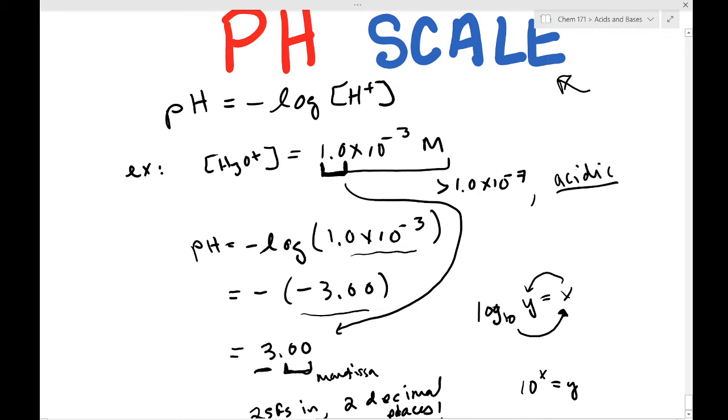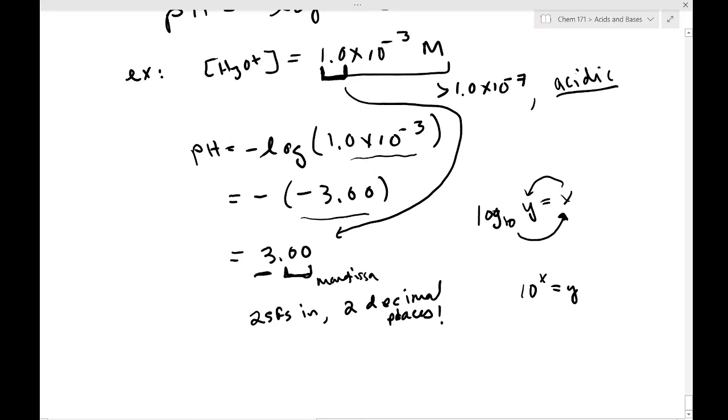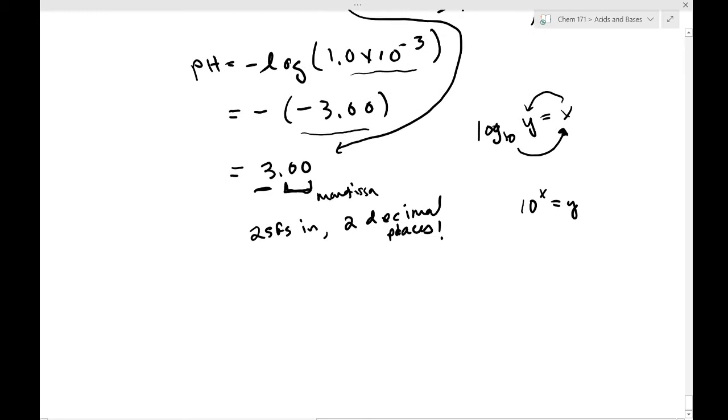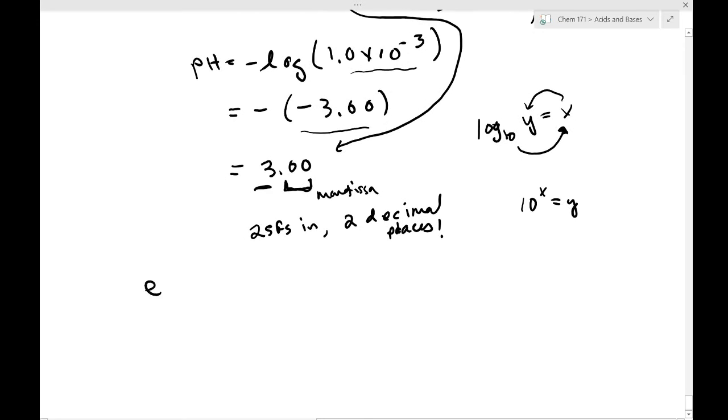What happens though if we have something that's at 1.0 times 10 to the minus 7? Let's do another example where we have a solution with H3O plus concentration equal to 1.0 times 10 to the minus 7. This is said to be neutral.